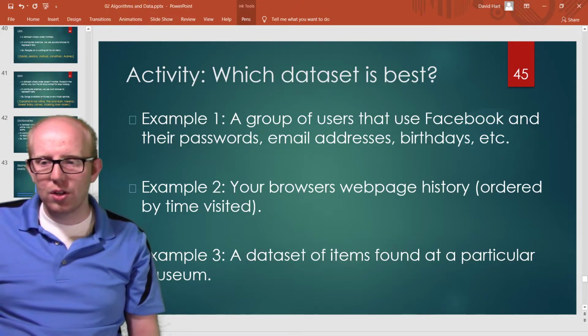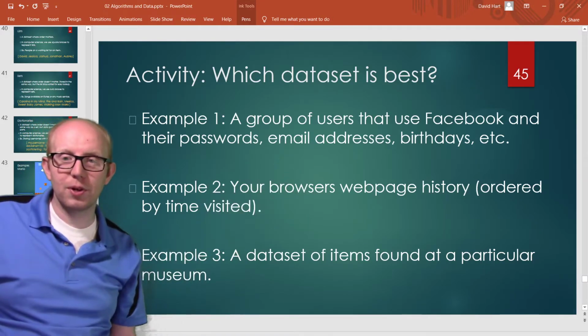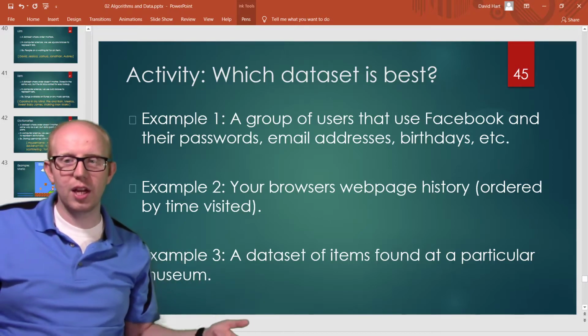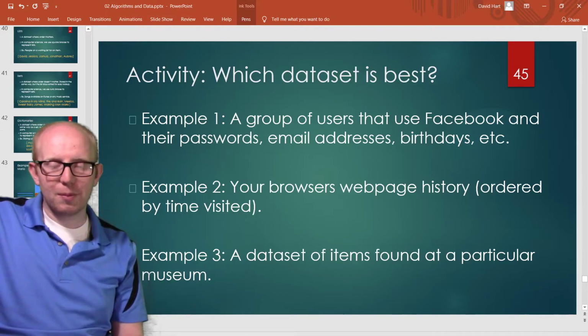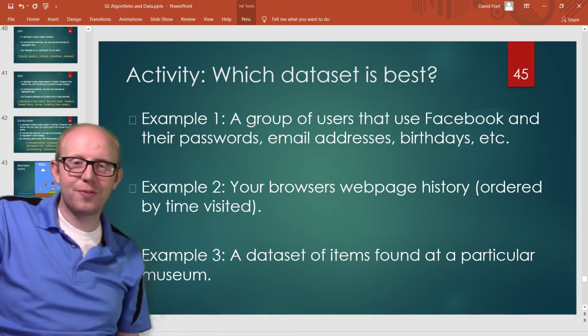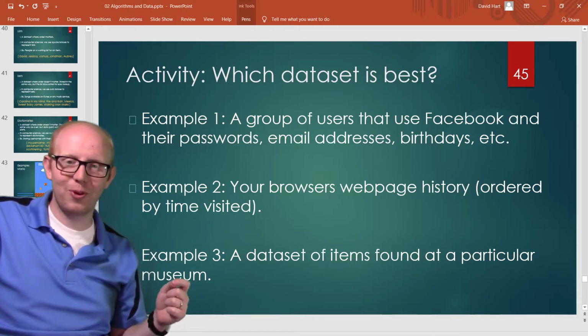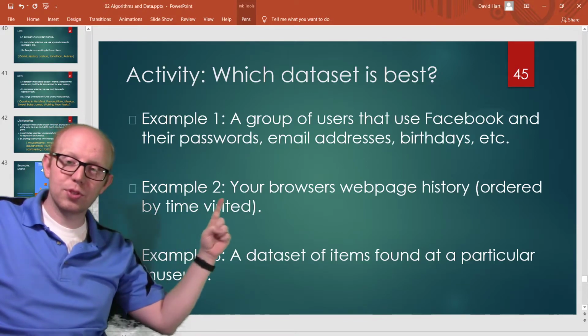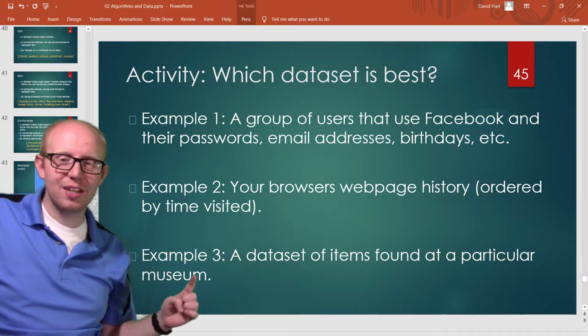So example 1: a group of users that use Facebook and their passwords, email addresses, birthdays, etc. If you think about it, I need to associate a group of users with other pieces of information, right? So that's probably a dictionary. Okay, so example 1 is a dictionary. Example 2, your browser's web page history ordered by time visited.